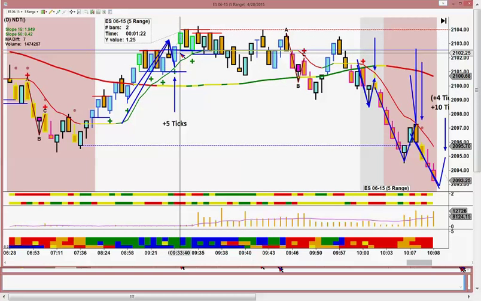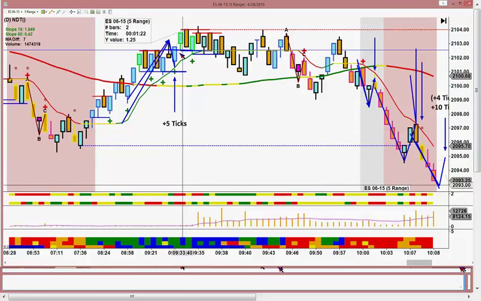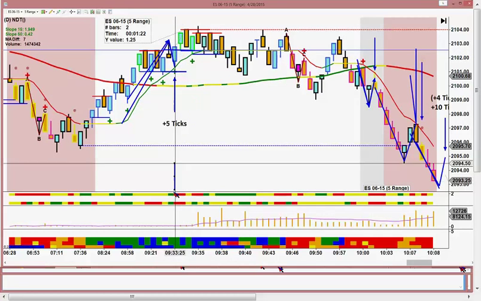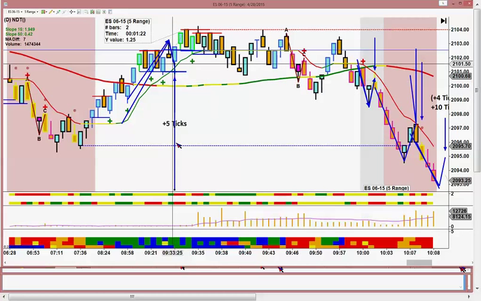Now I did not have background bias, which concerned me a lot. But the reason I took it was that the quant indicator, both lines were green. So I knew that I had 5 markets confirming the direction of the ES on my trading chart. And it took me up 5 ticks or 1.25.